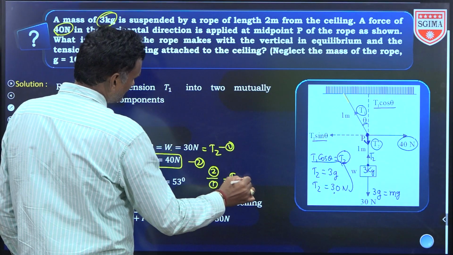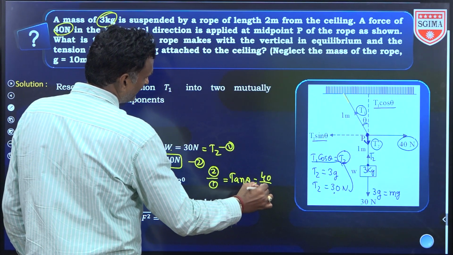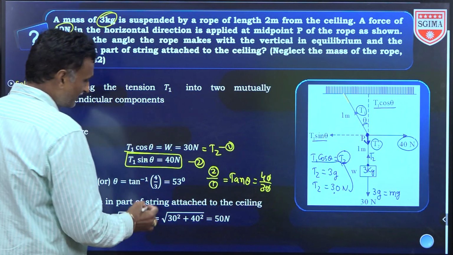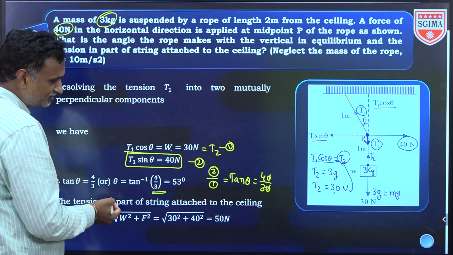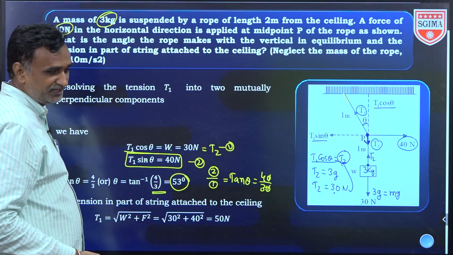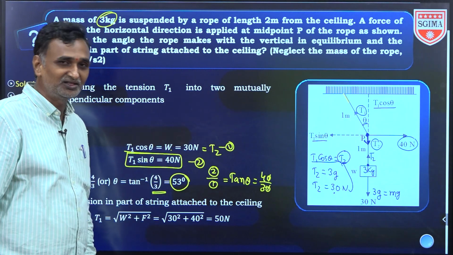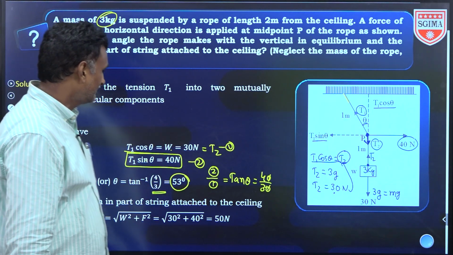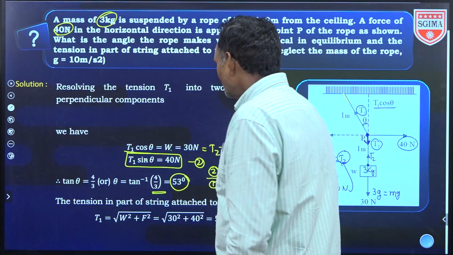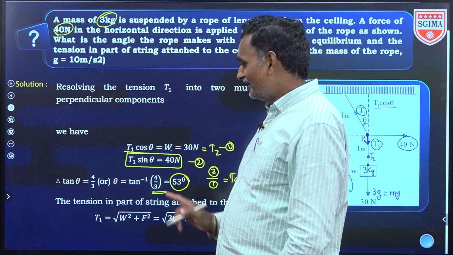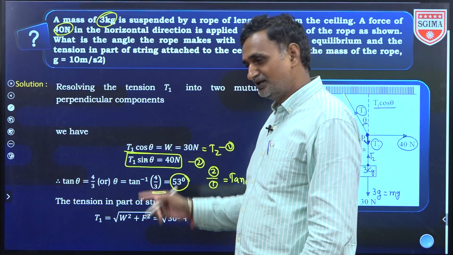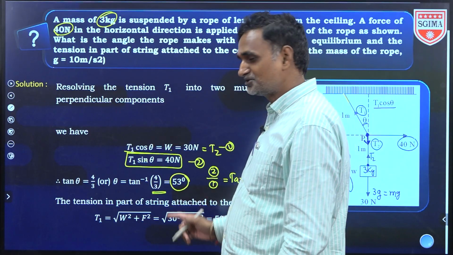So we get tan theta equals 40 by 30, which is 4 by 3. Okay? So that explains the 4 by 3 angle. How much, beta? Tan theta equals 4 by 3 means theta equals 53 degrees. Okay. So next, squaring and adding both equations. Just now we saw in the last case how we get the tension value.